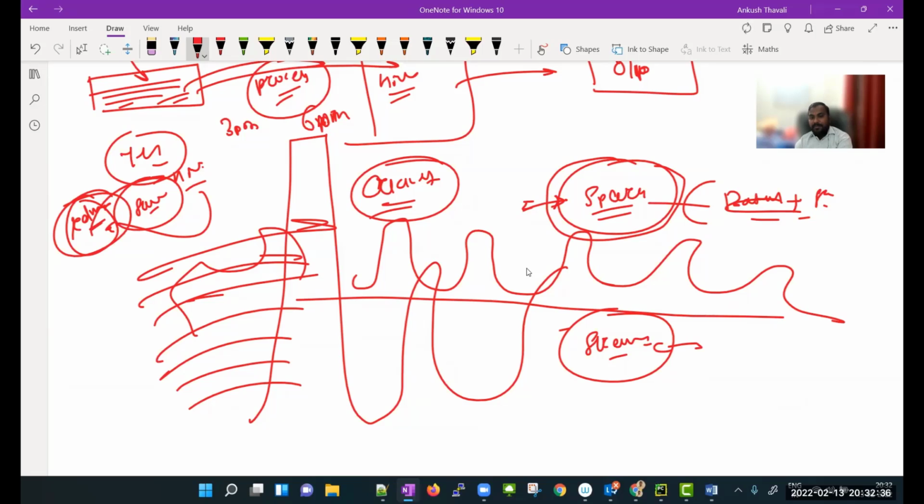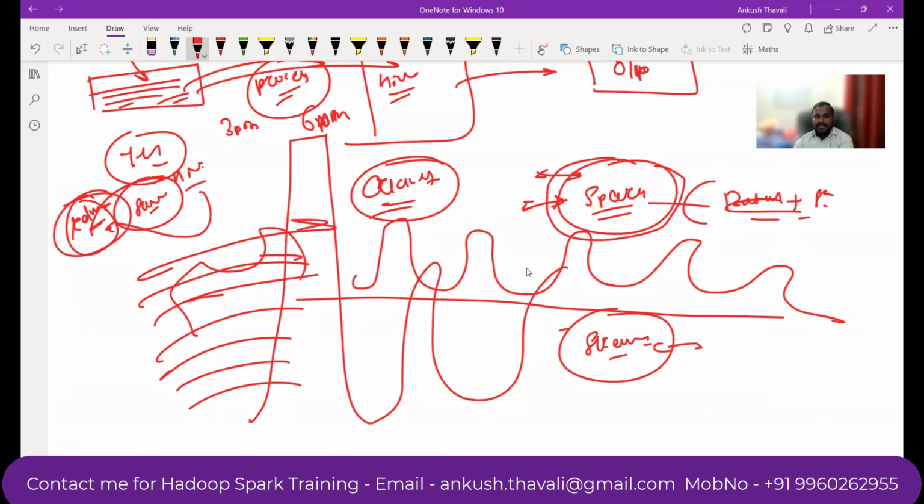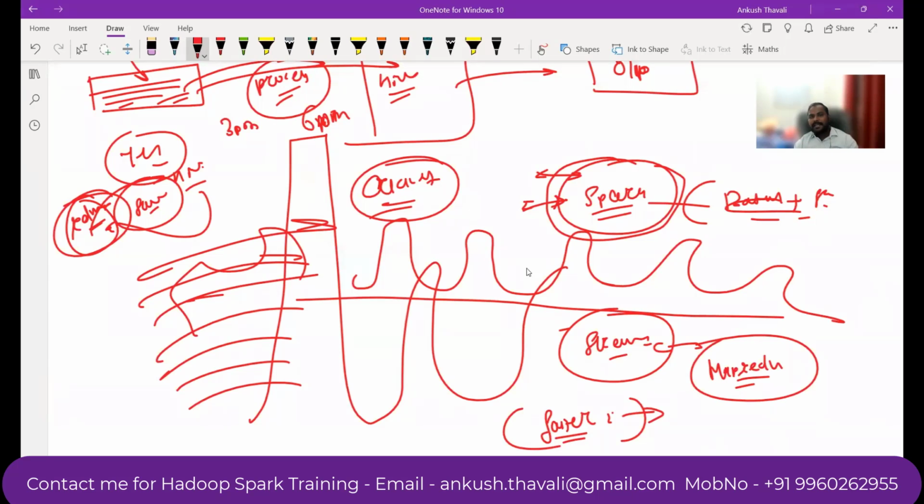And the most important use of Spark is that it is really, really faster compared to MapReduce. So we have two processing engines right now. There are multiple, but most probably we are talking about MapReduce and Spark.